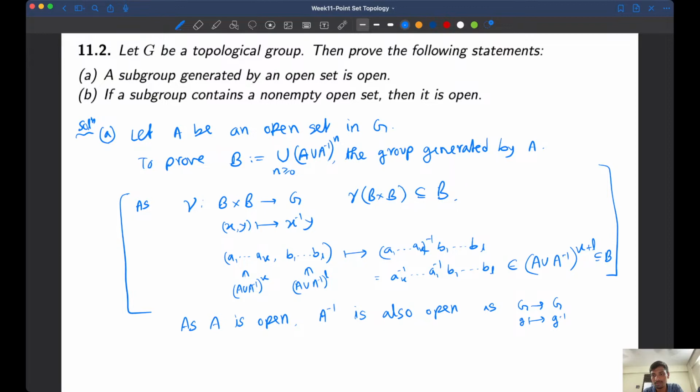So why is any power open? Why is a power of an open set still open?